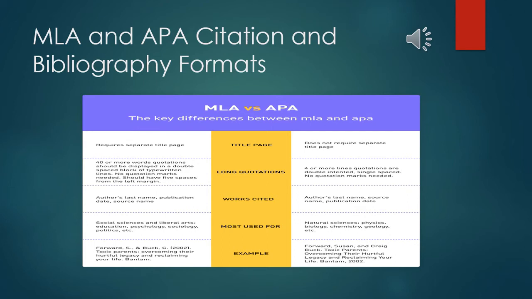MLA is basically for the arts, humanities, education. And the APA format is for the sciences. So we're going to be using the MLA style. I'm going to take a quick read about that on the picture on this slide.